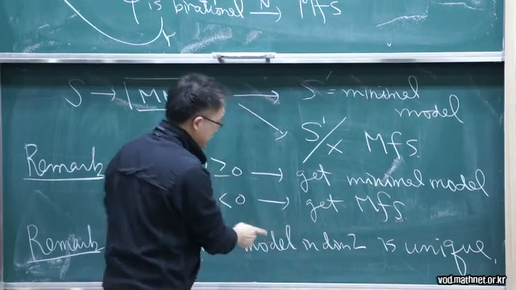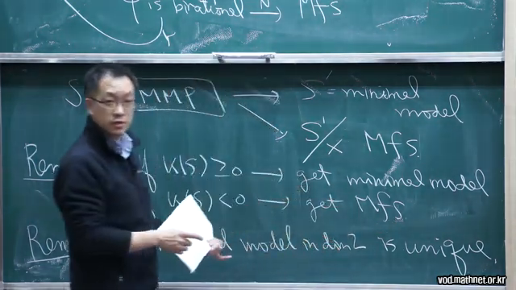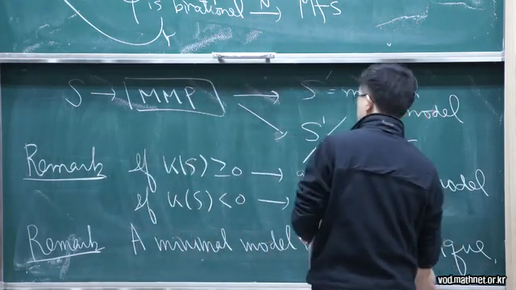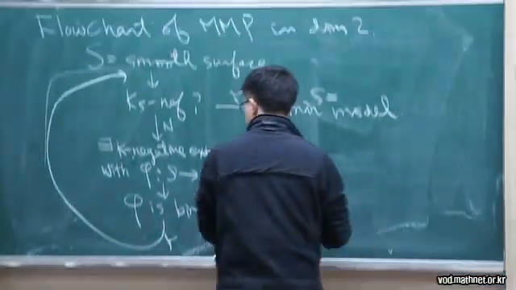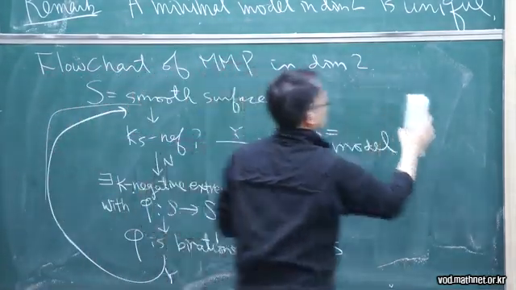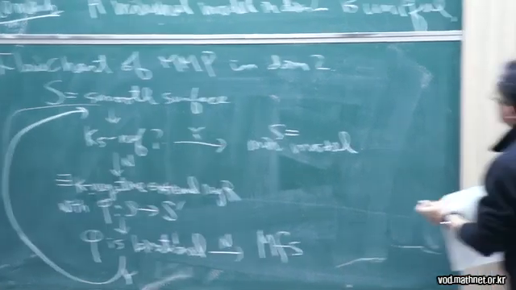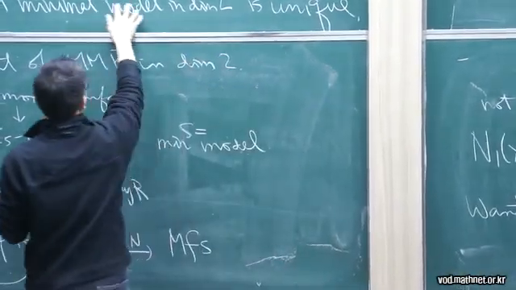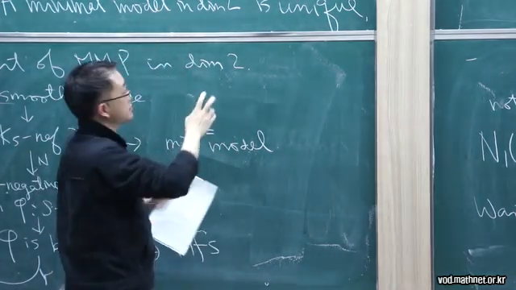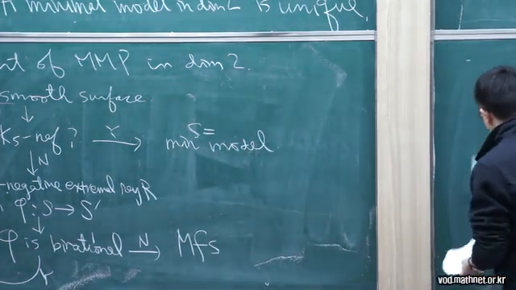As was already explained, in higher dimensions, the minimal model is not unique. It's only unique up to codimension 1. But in dimension 2, the minimal model is unique. I didn't plan to explain the relation between the minimal models in higher dimensions, but they are related by something called flops. I will talk about this tomorrow.